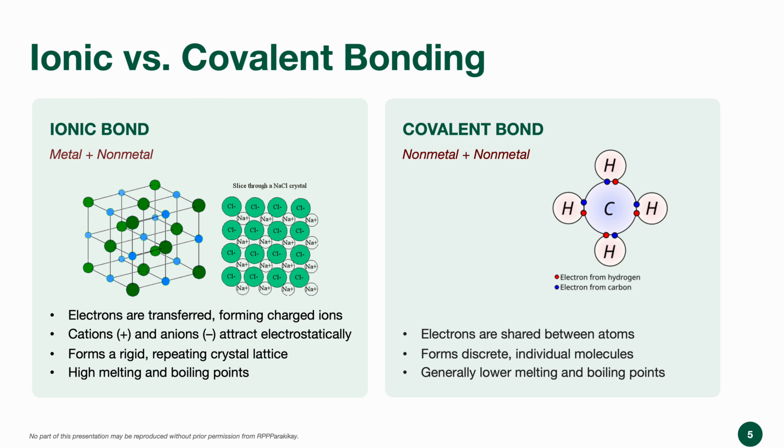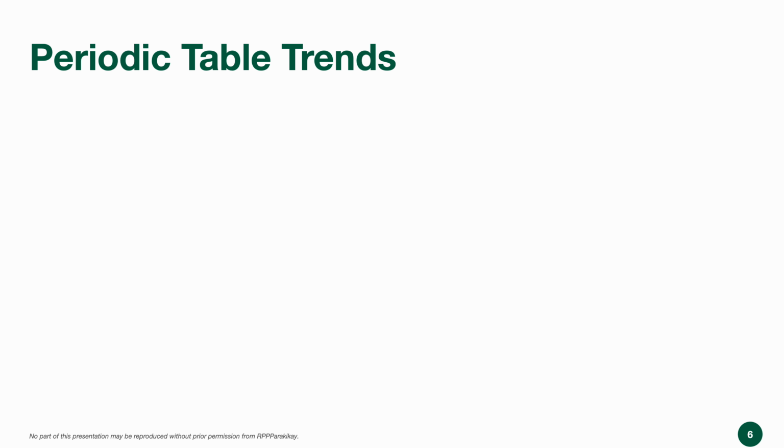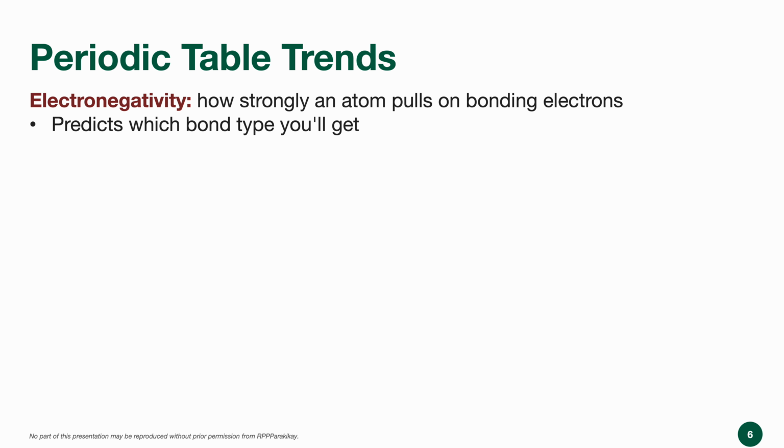So this distinction must be established prior to applying any nomenclature rule, since ionic and covalent compounds are governed by different naming conventions. We can use the concept of electronegativity to guide us if an element is a metal or a non-metal, and therefore we can use that to classify if a compound is ionic or covalent, depending on the atoms that are involved in bonding.